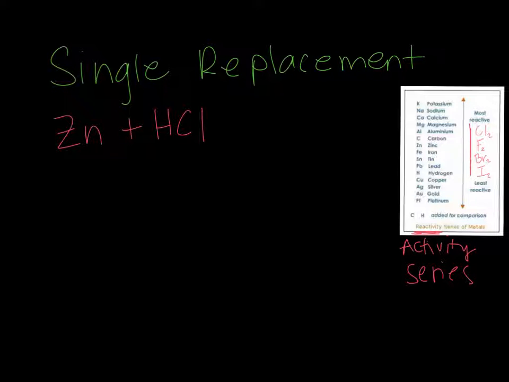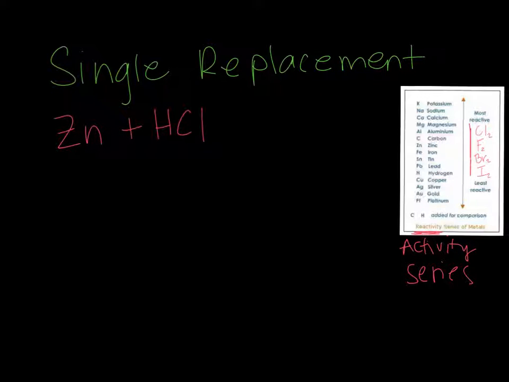So first thing we have to do is we have to figure out if zinc will replace hydrogen. And zinc is right here, and hydrogen is right here. So yes, zinc is higher on the activity series. It's more reactive because it's higher on the top. So it can replace hydrogen.